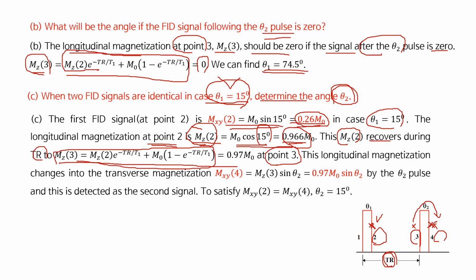So we can get the number 0.97 M0. This longitudinal magnetization changes to the transverse magnetization by the theta 2 pulse. So we can get Mxy4 at point 4 here.